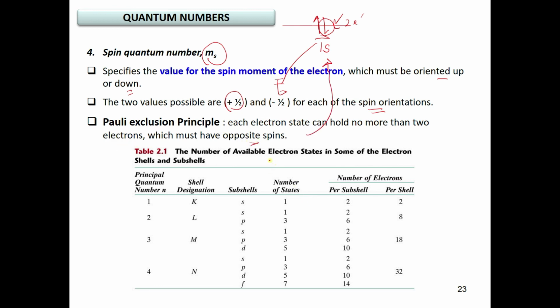So this is the number of available electron states in some of the electron shells and subshells. You see here, n is equal to 1, 2, 3, and 4, and the designation of the principal quantum number n can be denoted as K, L, and so on. The subshells are s, p, d, or f. Each subshell or orbital has its own number of states, and the number of electrons per state is always 2, with different spin for each particular state.